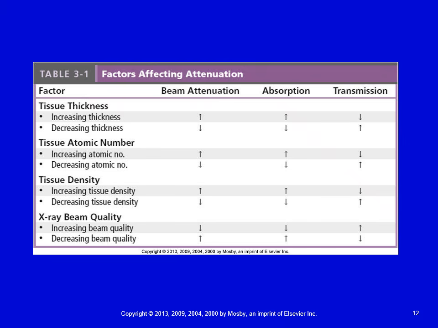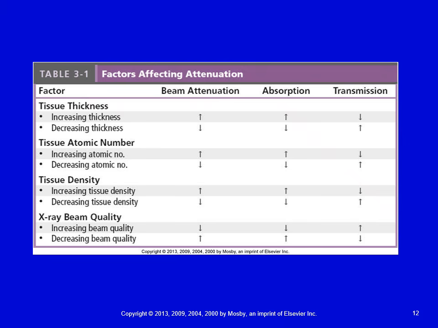If the X-ray beam is absorbed, that means obviously less will be transmitted, less will get out. So thicker body parts or thicker patients will attenuate more of the beam, absorb more of the beam, and let less of the beam get out to interact with our image receptor.